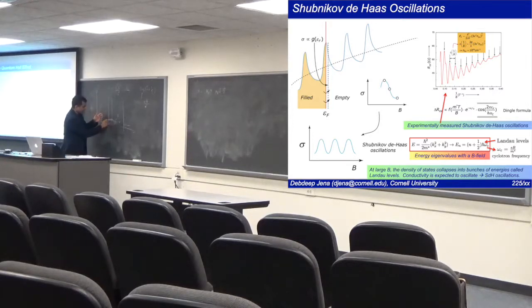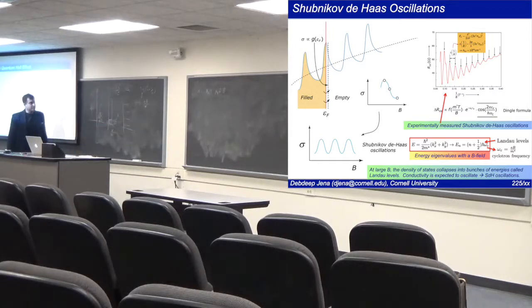Basically there will be a number of states here. How many states? Well, m star by pi h bar squared times h bar omega_c, right? That many states are going to collapse into one state. That's called a Landau level. That's the energy of that state. n equal to 0, n equal to 1, 2, 3, and so on. So this whole density of states collapses into a string of this Dirac delta sort of picture.